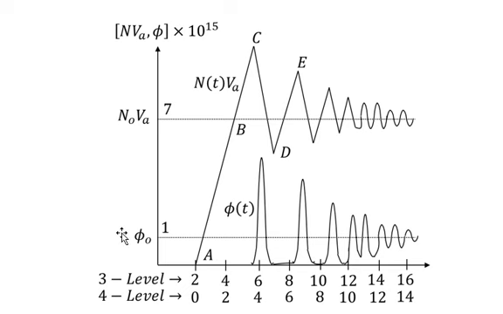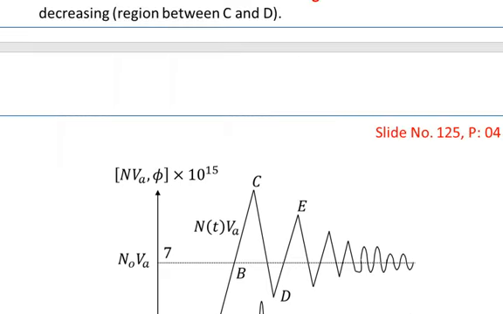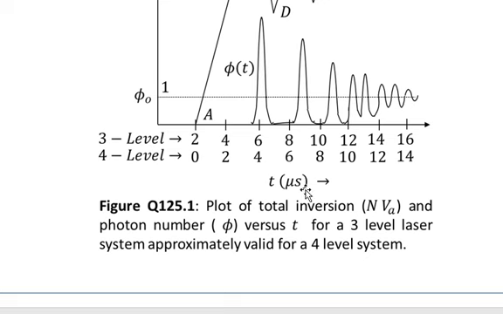That is, we have shown the value of phi naught, and we have also shown the value of N naught times VA, where VA is the volume of the active medium, and N naught is the population present in the critical or steady state, and phi naught is of course the number of photons present in the steady state conditions. And you will notice that the time is given in microseconds.